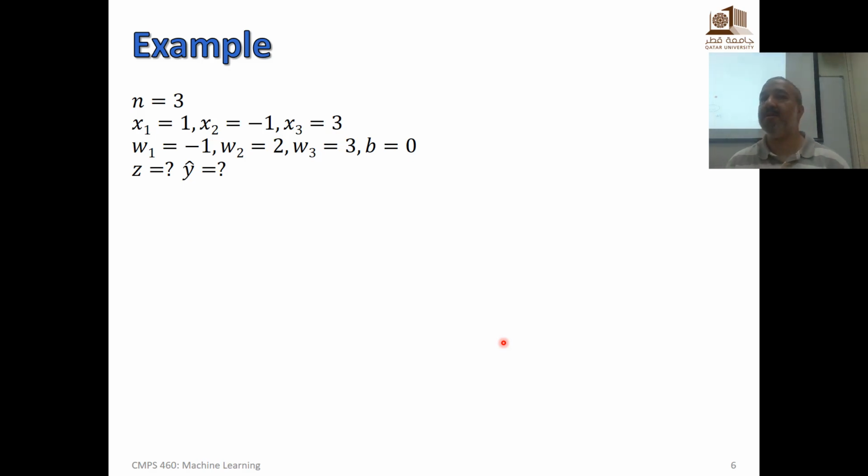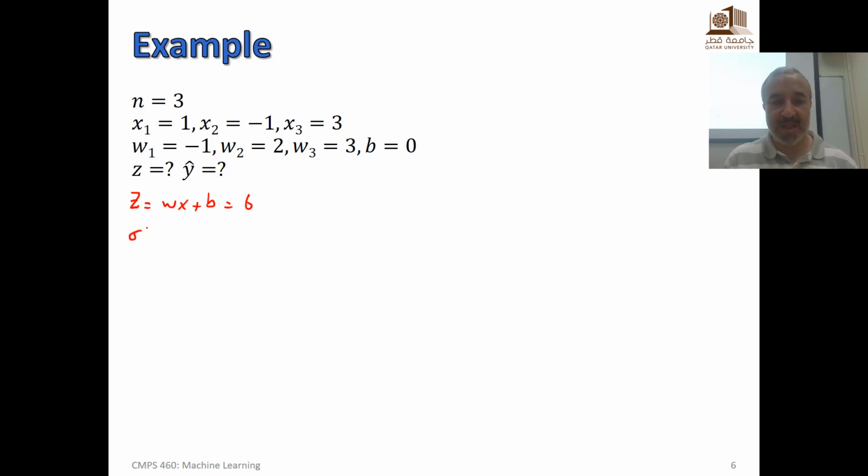How did you get it? Z will be wx plus b, right? B is 0 here. So wx is 1 times minus 1 plus minus 1 times 2 plus 3 times 3. That will be 6.